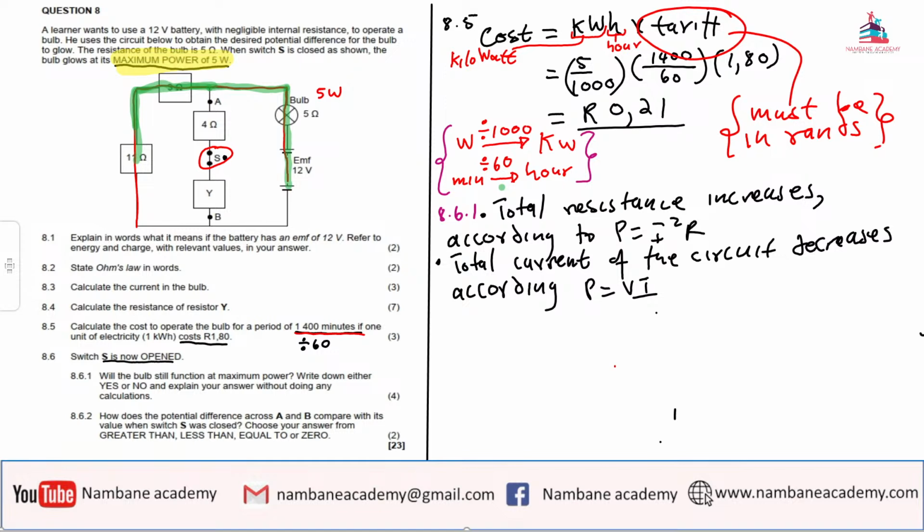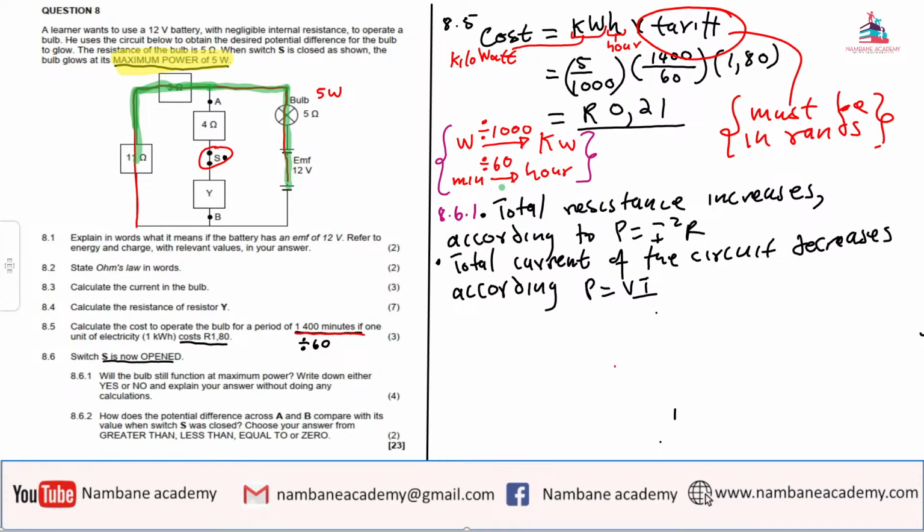Simple as that. And sorry, P = I²R. So everything now is decreasing. The current is the same, but it's decreasing now because we have increased the resistance. So it basically says now the power will also decrease. So the final answer there is no, it will not.